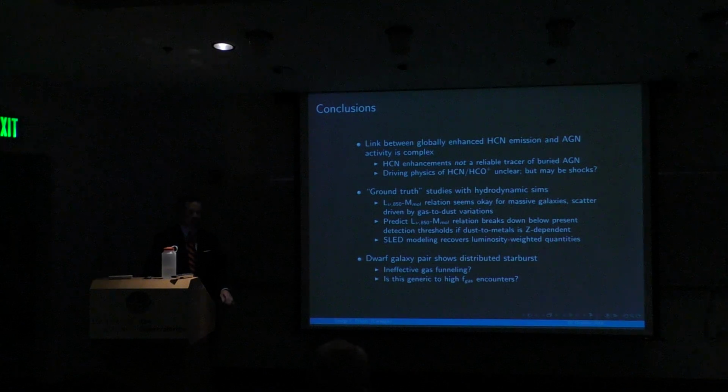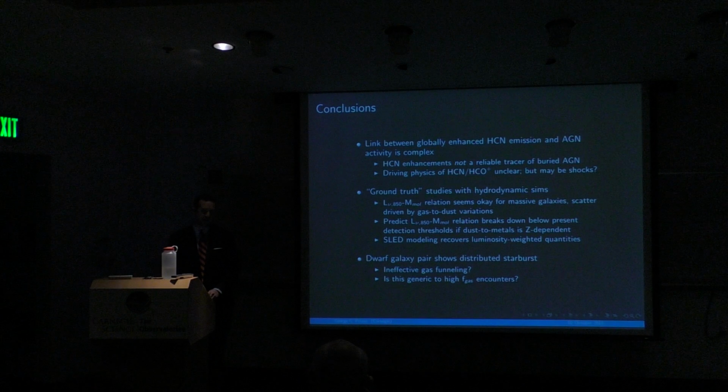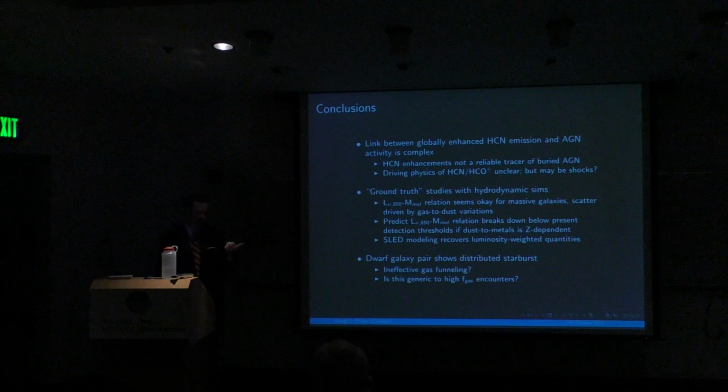It's not really hydrodynamic stalling, but gas funneling seems to be less efficient in high gas fraction systems. So in that case there were two things going on. It's massive enough that it probably has a relatively low gas fraction, and it's also interacting with a much more massive thing. So I think that's the difference. These things are low mass, high gas fraction, much more comparable, so I suspect that's why there's perhaps a little bit more gas funneling.